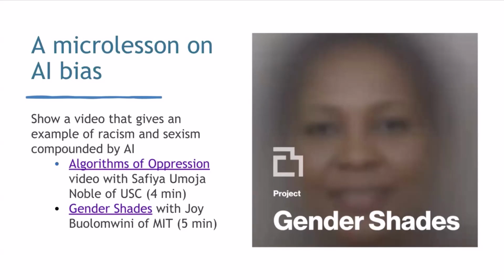There are a couple of great short videos that I have used, one by Safiya Umoja Noble of USC, based on her book, Algorithms of Oppression, which I have also taught from. She goes into Google search and how it produces biased search predictions. And she gives a wonderful brief talk about that. And that's the same kind of mechanism we're talking about with ChatGPT. It's word prediction, right? Based on a biased data set.